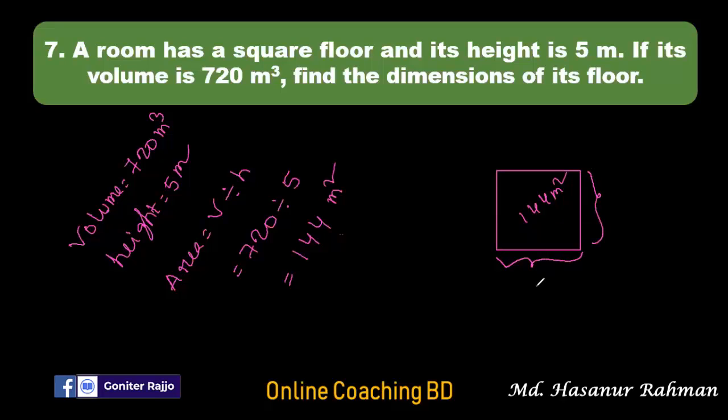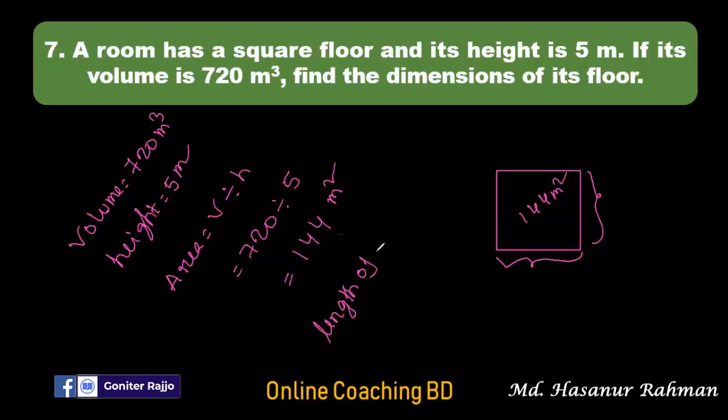Now from the definition of the square, we know that the length and breadth are both the same in a square. That means every side of the square should be the same.